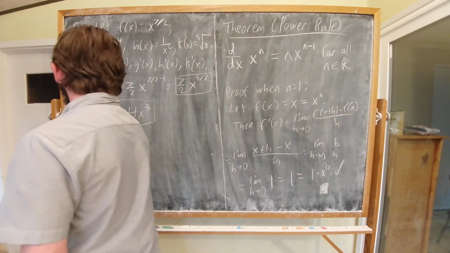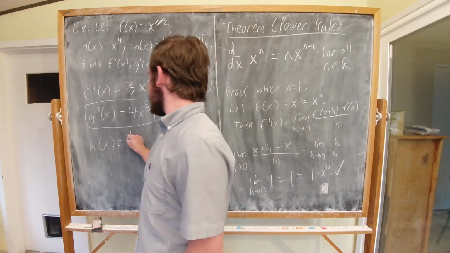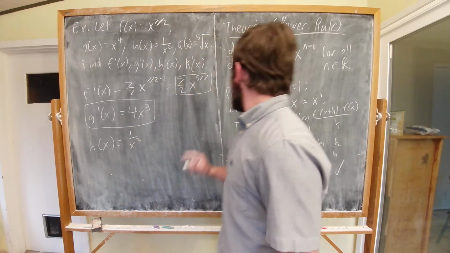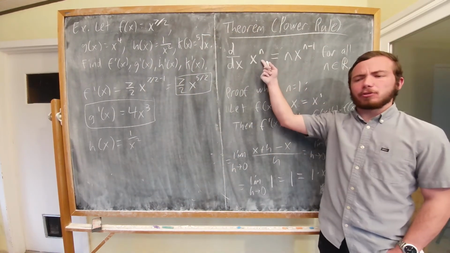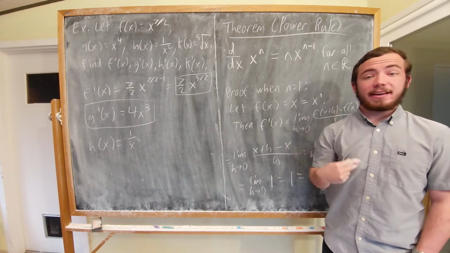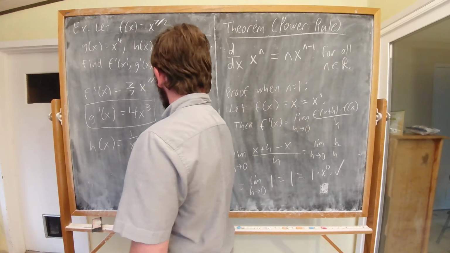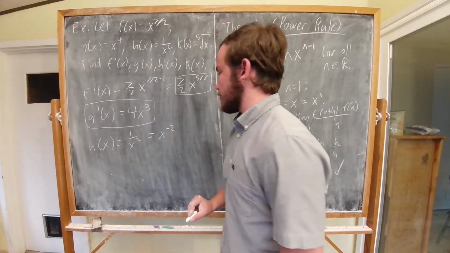Well, let's rewrite. H of x is 1 over x squared. And you might be like, but that's not in the form of the power rule, that's not in the form of x to the n. Okay, you're right. But we can make it in the form of x to the n. Using our exponent rules, this is x to the negative 2nd power.